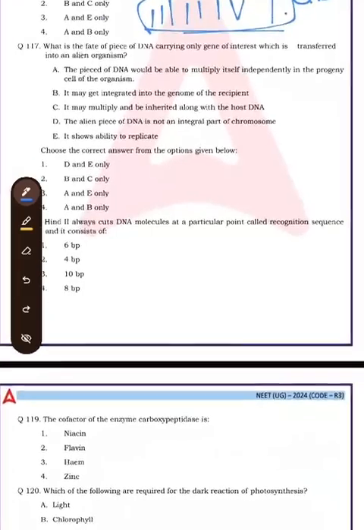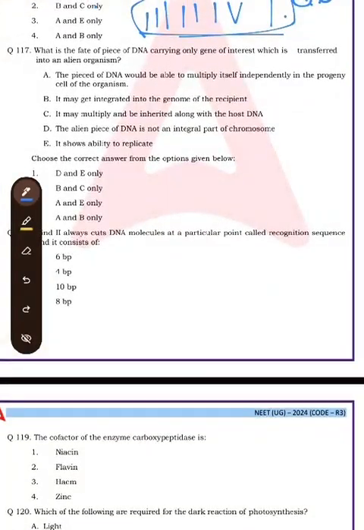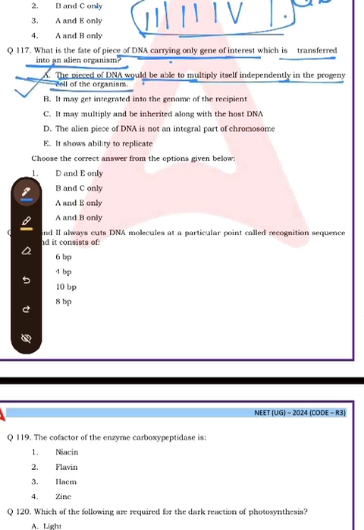Next. What is the false fate of a piece of DNA carrying only gene of interest which is transferred into an alien organism? The piece of DNA would be able to multiply itself independently in the progeny cell of organism. No, it does not multiply independently. It may get integrated into the genome of the recipient. Yes, it can enter the genome.